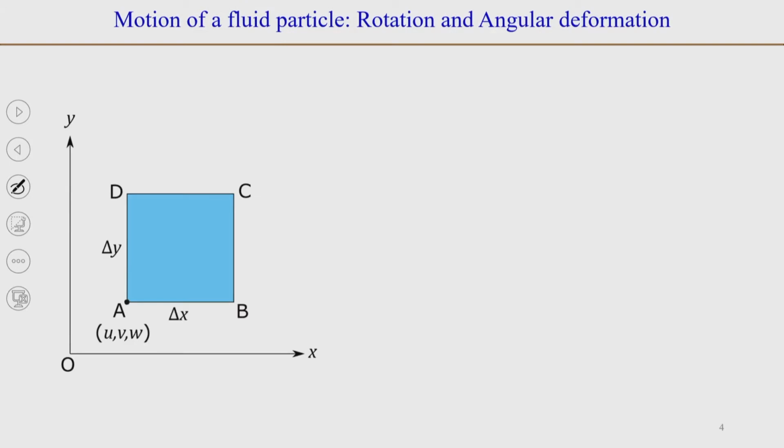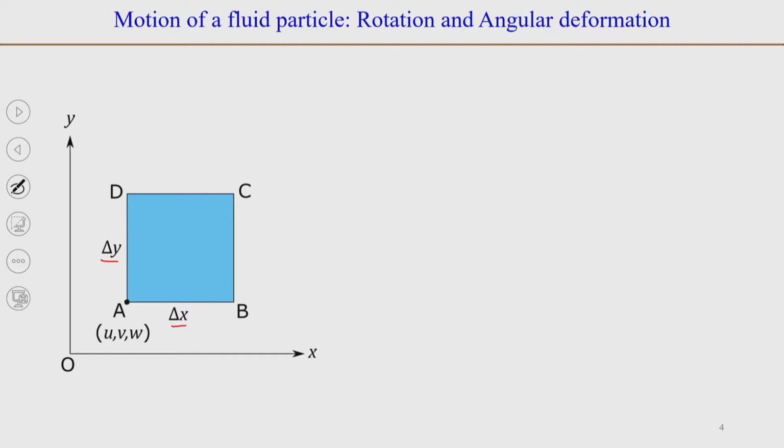So, let us consider a fluid element which is rectangular. Even though it appears to be square, we will assume it to be rectangular. The side AB is of length delta x and side AD is of length delta y.